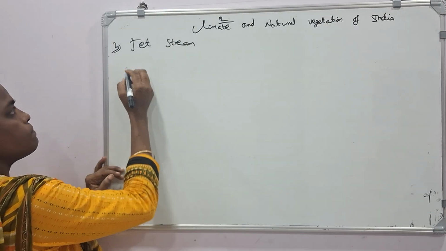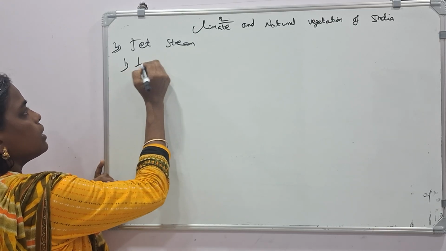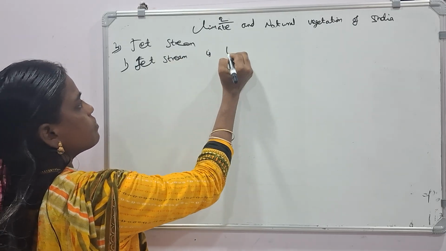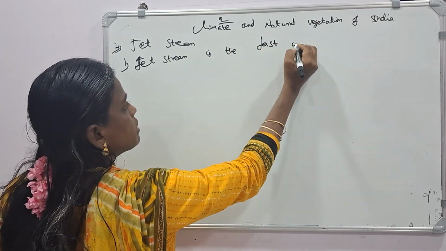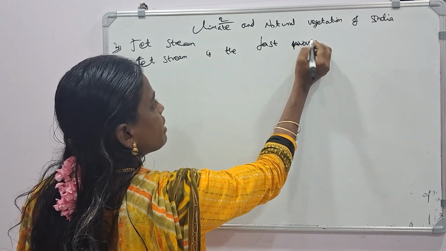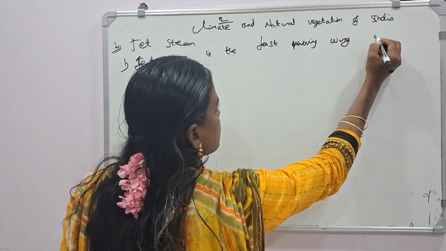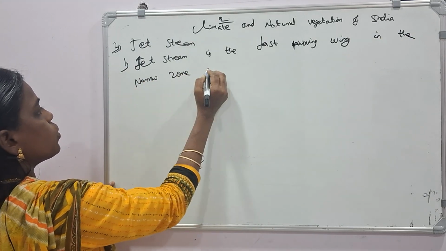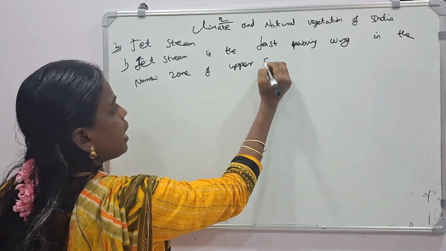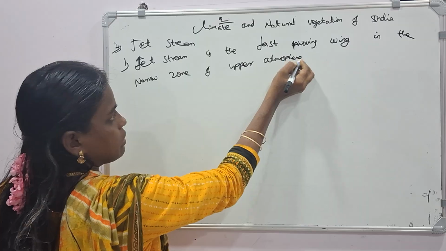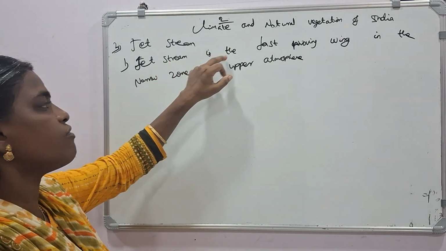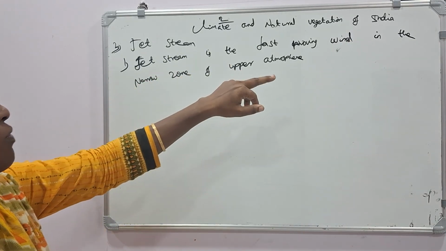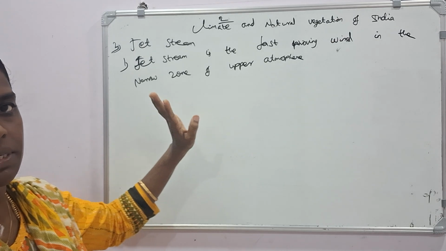So the answer will be: jet stream is the fast moving wind in the narrow zone of upper atmosphere. Jet stream is the fast moving wind in the narrow zone of upper atmosphere.